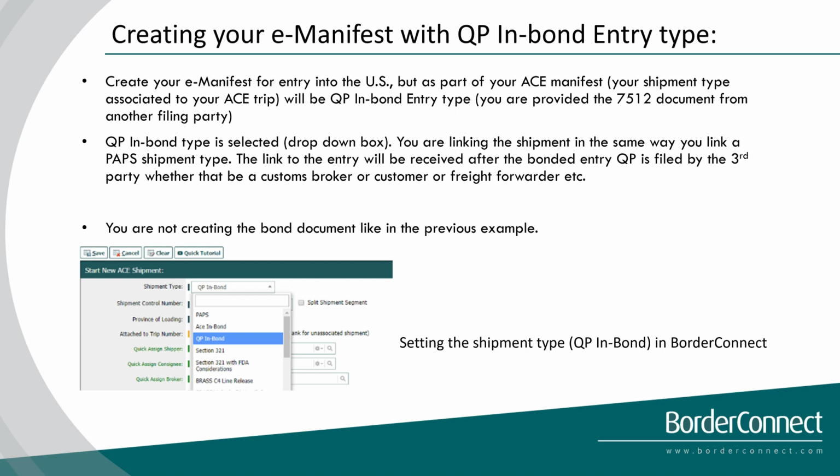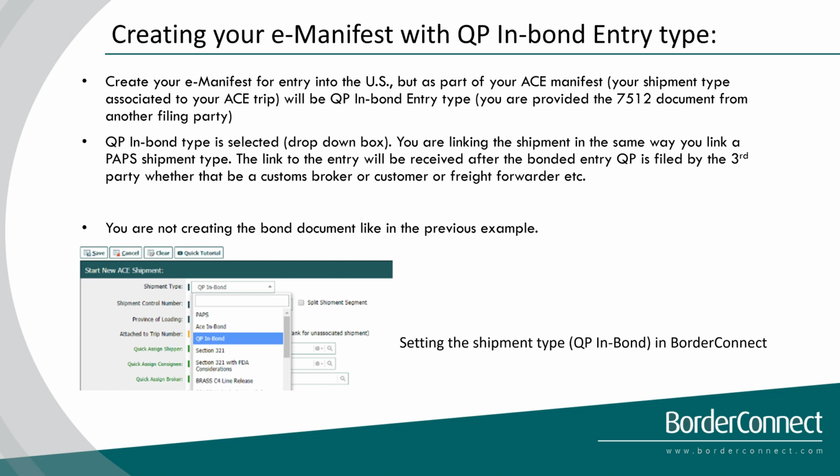Creating the e-manifest where it's a QP bond. So now you're not actually creating the 7512 as part of it, but someone has already created and filed that bonded entry. Then the type of shipment would be a QP entry. So you would create your entry the same as we talked about earlier.